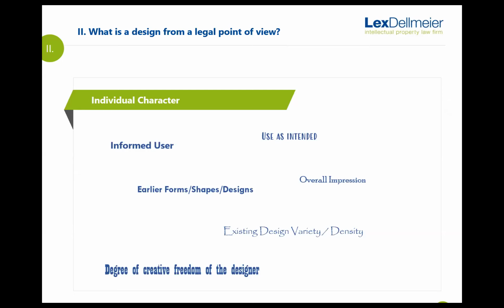So in essence, the more dense the product category is, the more creative the designer has to be in order to have a difference, and the other way around. So in essence, it's a very gray zone from a legal point of view, and there's a lot of case law out there.